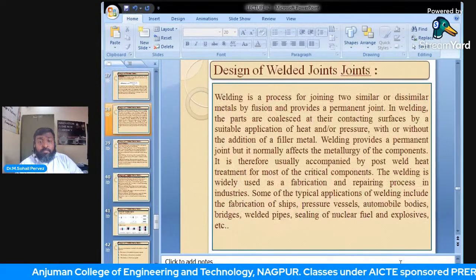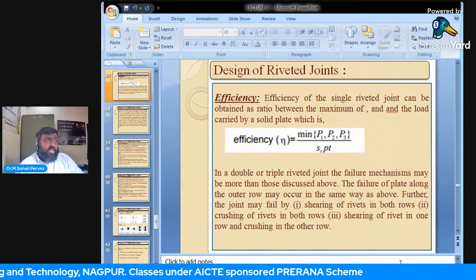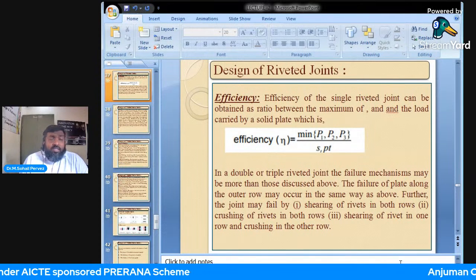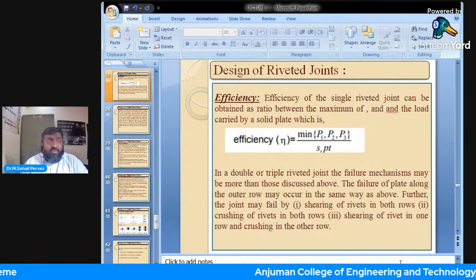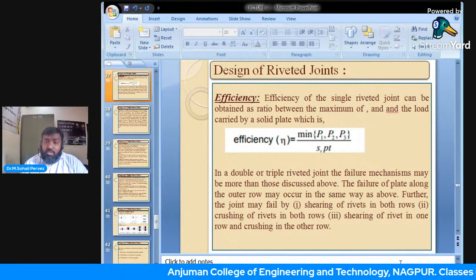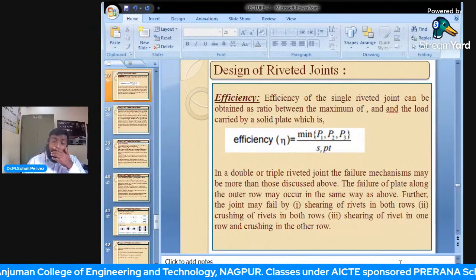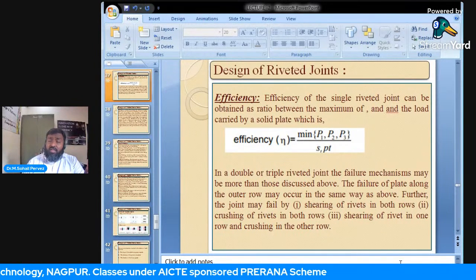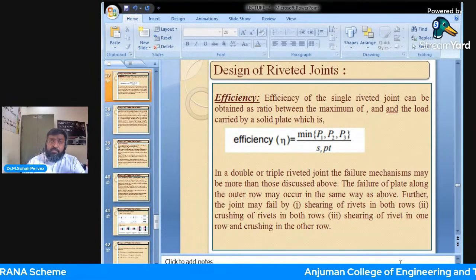The next one, the design of welded joints. Now see, in general, for riveted joints, there are 2 types of numericals asked. One on the circumferential or hoop stresses, and number 2, the generalized eccentric joints. So the design procedure for eccentrically loaded riveted joints is exactly the same as for the bolts used in screw joints.